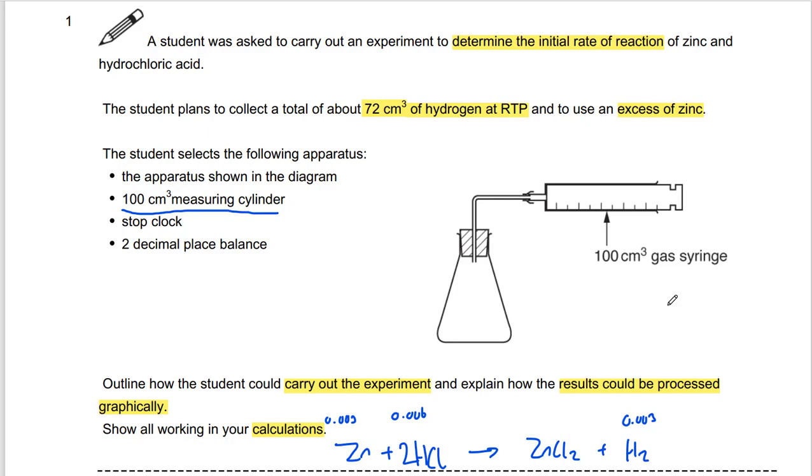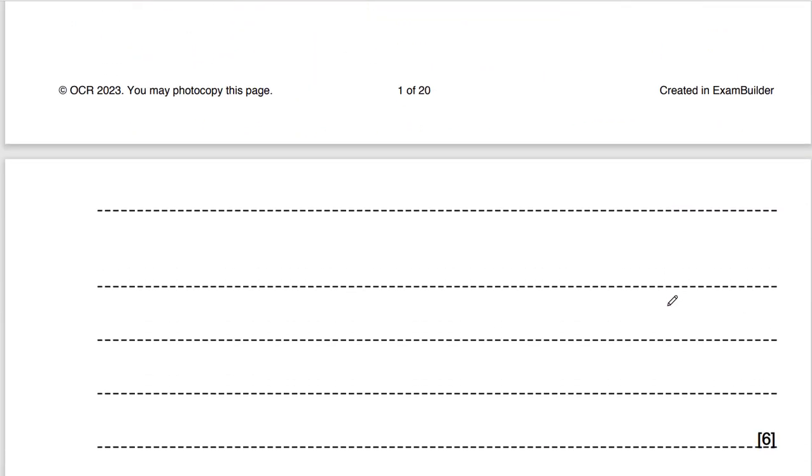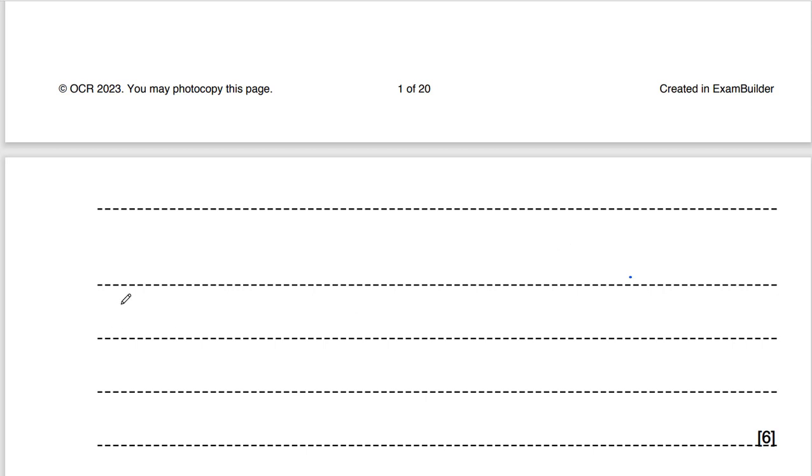Final thing then, how you could process it graphically. So graphically, you're going to need to plot a graph. So you need to plot the amount of gas against time, or vice versa, it doesn't really matter which one.